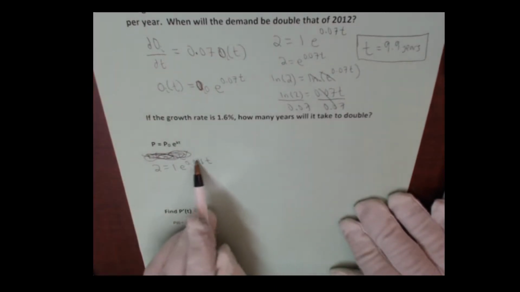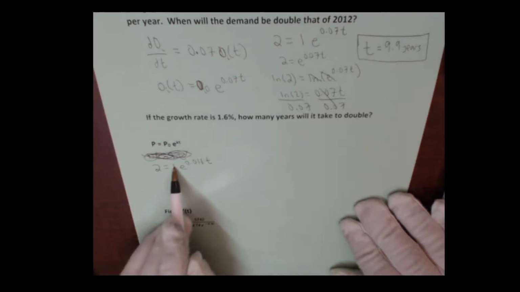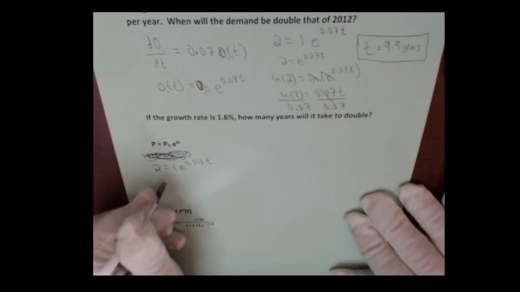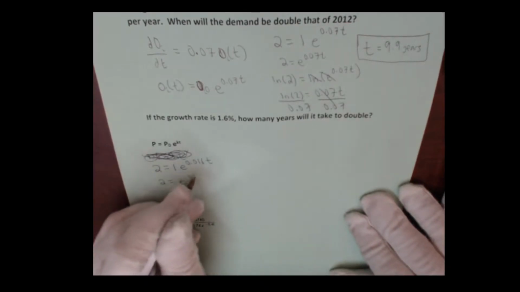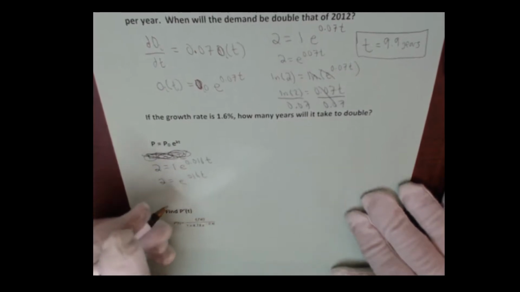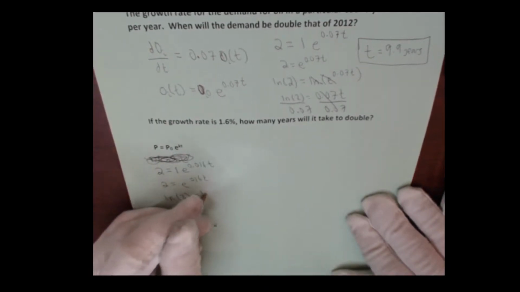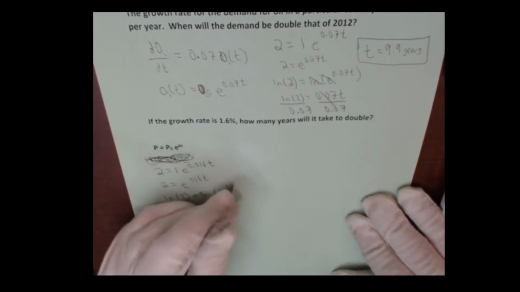Your percentage rate goes here, and then we doubled, so we put 1 to 2. If you wanted to triple, it would be 1 to 3, just something like that. So 2 equals e to the 0.016t, and then we do the natural log of 2 equals the natural log of e to the 0.016t.